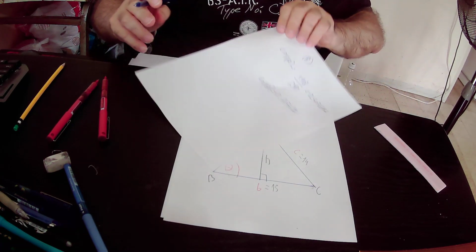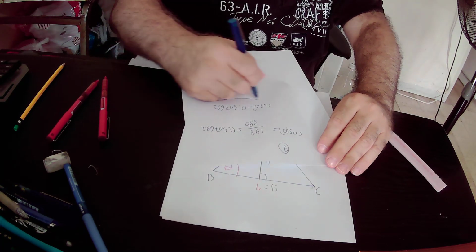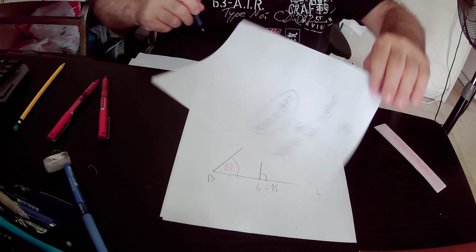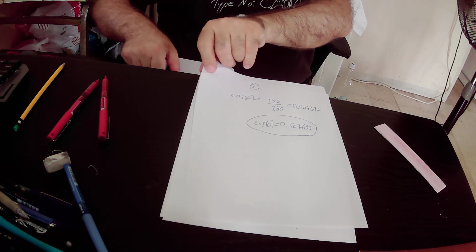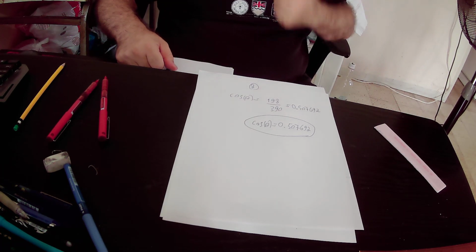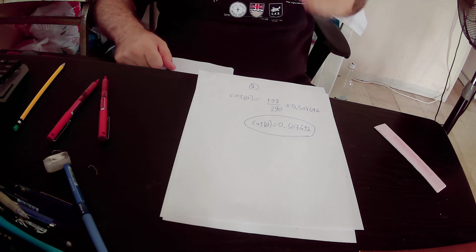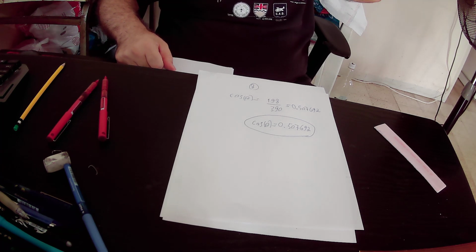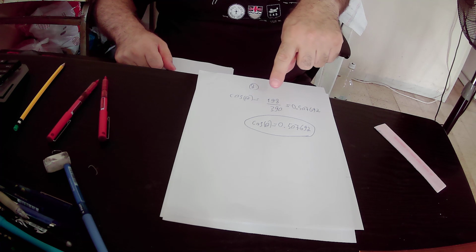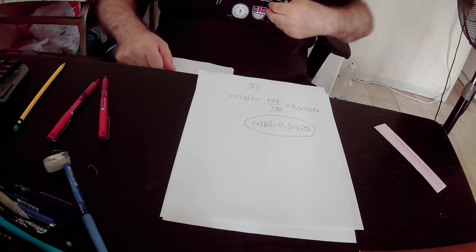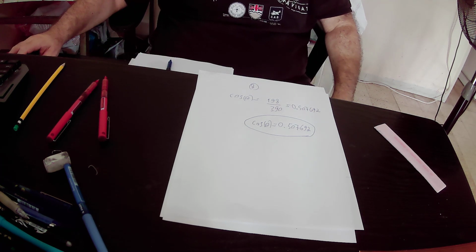We found the value of cosine theta. Now we will apply the inverse function of cosine in order to get the value of theta.